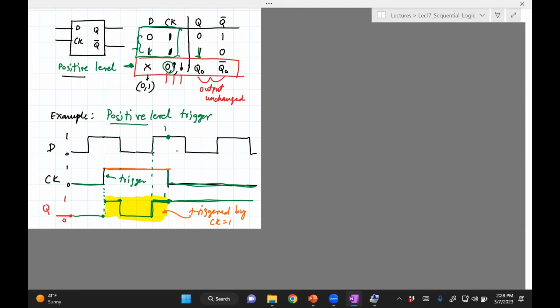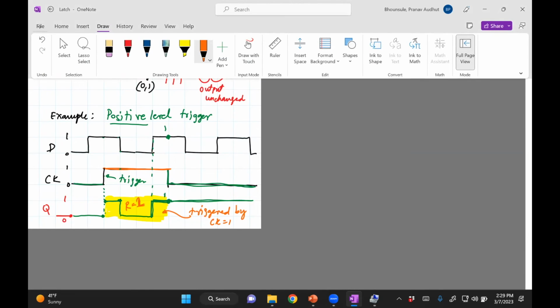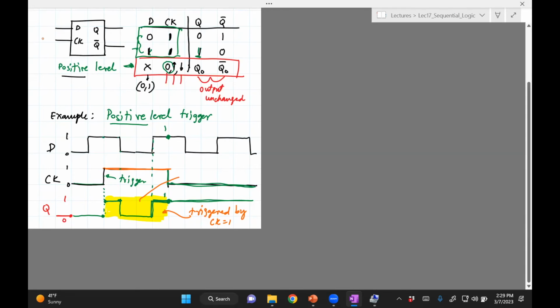So this is row 2, row 1 and row 2. So we used row 1 and row 2, which is right here, to figure this out.